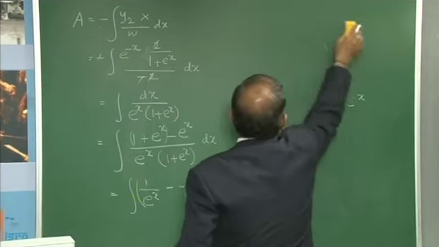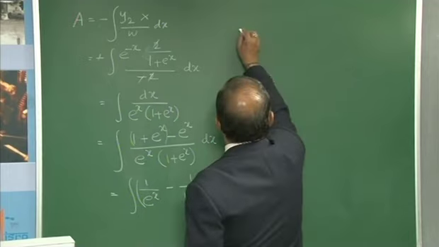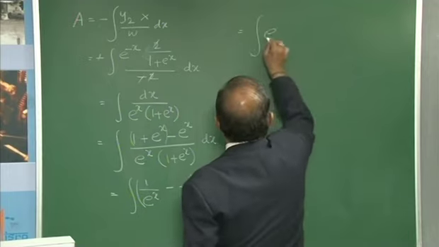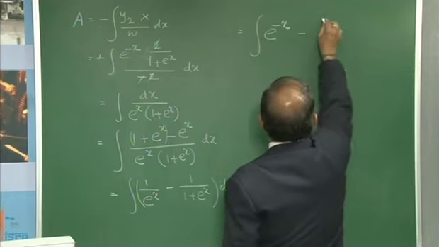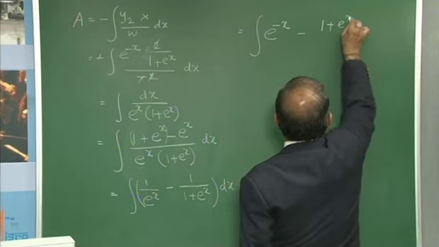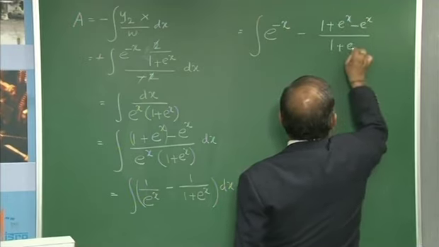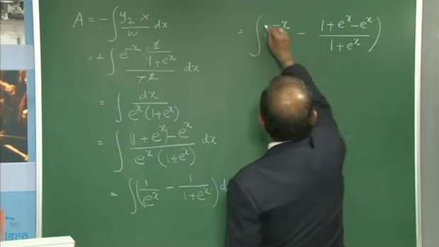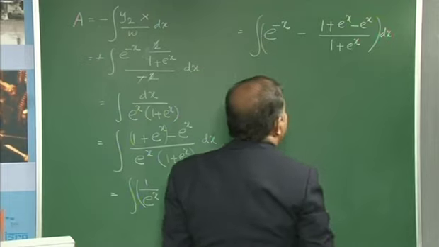See that 2 times simply we are adding and subtracting the e power x factor. It is e power minus x, minus, numerator 1 plus e power x minus e power x by 1 plus e power x. Again I have added and subtracted e power x.